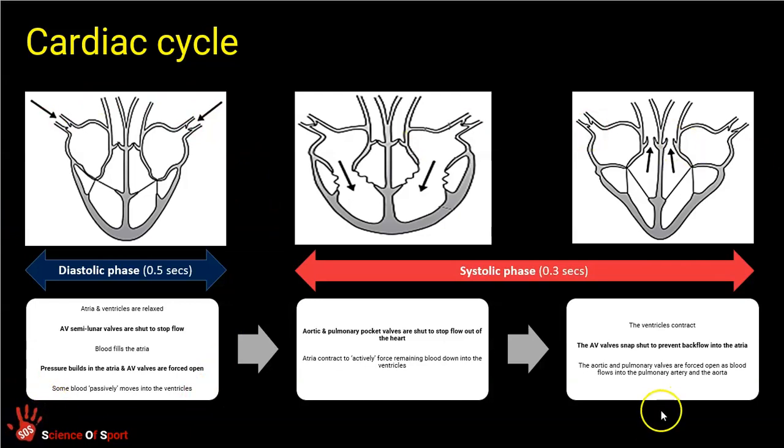Now, I hope you would already understand that the heart chamber walls are made up of the myocardium, a muscular wall of the heart. If the heart chambers are in a relaxed state, you should appreciate that if there's no contraction, there's no neural stimulus happening.